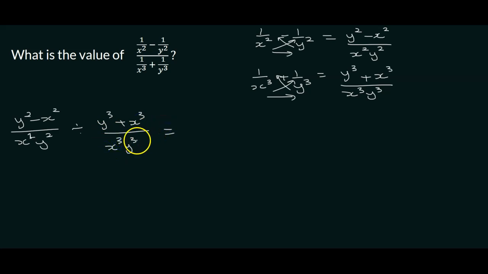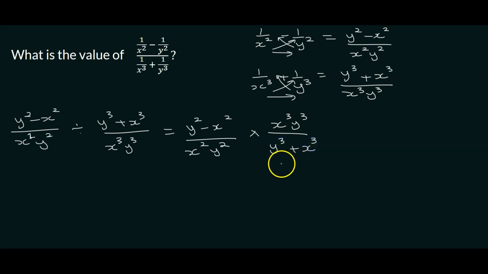So let's apply our rule for dividing fractions. We end up with y squared minus x squared over x squared y squared, multiplied by x cubed y cubed divided by y cubed plus x cubed.